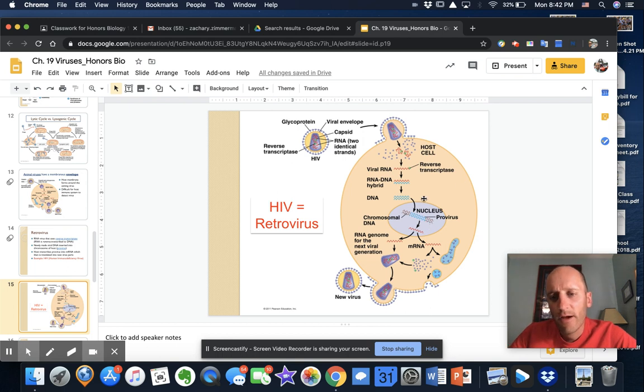And so then the virus will basically make copies of itself. But again, it uses the host cell machinery to do this. So the viral DNA gets transcribed into viral RNA. That gets translated into viral proteins. The proteins are assembled to make viruses, and the HIV will then leave the host cell.